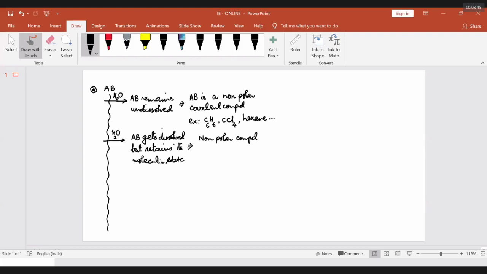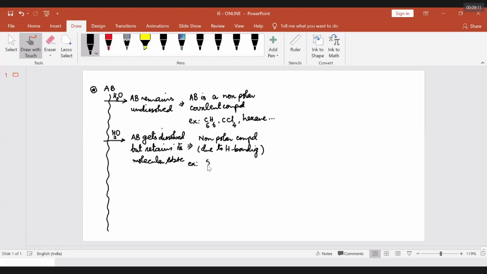Yes, remember, certain non-polar covalent compounds are soluble in water because of hydrogen bonding. Therefore, we can say they are soluble in water due to the presence of hydrogen bonding, due to H bond. Who are those?